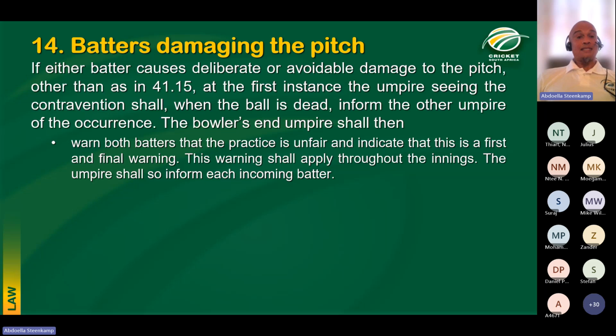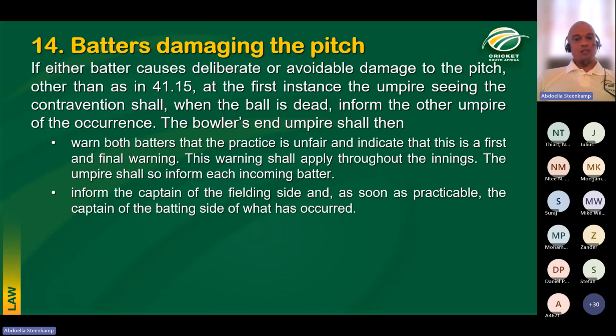This warning is a team warning, and the warning applies throughout the innings. And because it's a team warning, let's say the opening batters cause deliberate damage to the pitch, the umpire needs to inform each new incoming batter of this team warning, that the team is on a first and final warning for batters causing deliberate damage to the pitch.